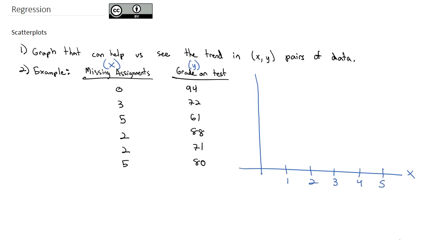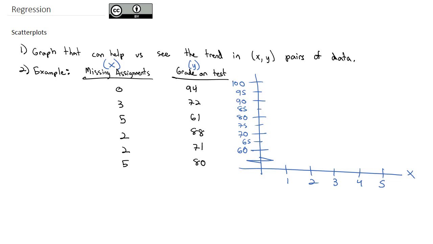On the y-axis, the grade on the test, the lowest grade I see is 61. So I'm going to put a break in the line so that I can start at 60 and maybe count up by 5s. So 65, 70, 75, 80, 85, 90, 95, and 100.